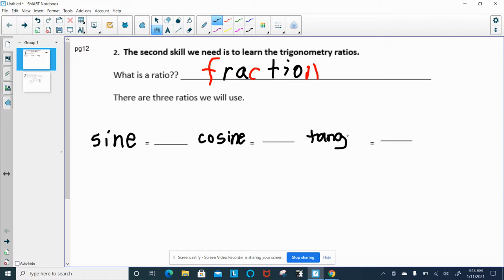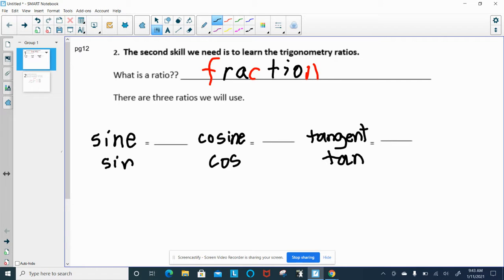Now there's actually 6 trig ratios, but in geometry, we only use these 3. And they have abbreviations. Someone decided it would be nicer to abbreviate those.